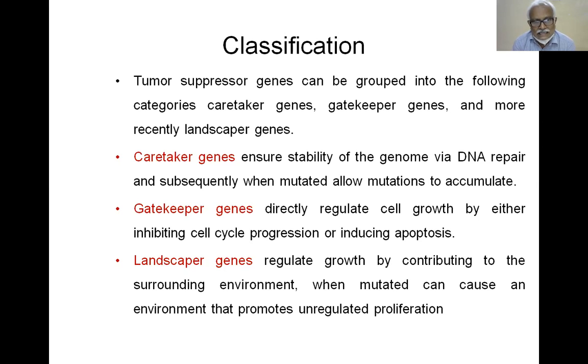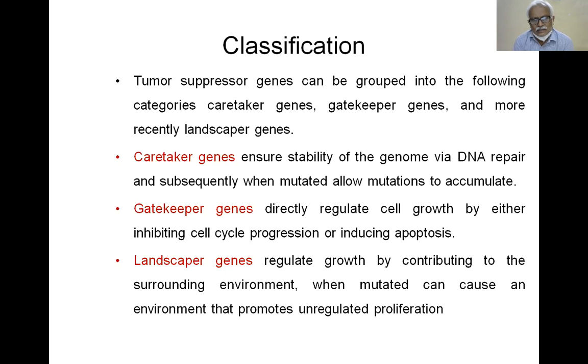Gatekeeper genes directly regulate the cell growth by either inhibiting the cell cycle progression or inducing apoptosis. When something is unrequired, it leads to apoptosis, cell death. There ends the business, isn't it? So when a small congenital malformation is there, if the congenital malformation is a smaller one, and if the child can survive a lifetime with that, no problem will be there.